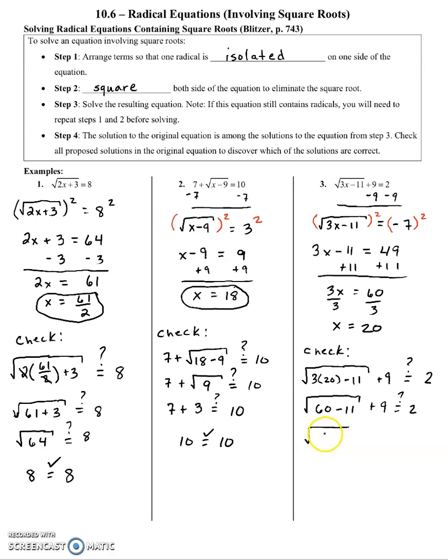So we have the square root of 49 plus 9. Square root of 49 is 7 plus 9. And we can already see that that's not equal, right? Because 7 plus 9 is 16. 16 does not equal 2. So this is false. So that means that x equals 20 is not a solution.